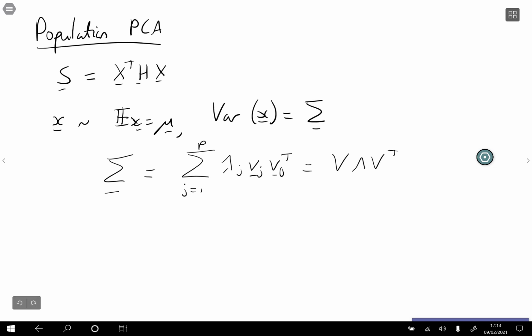To distinguish these quantities from the sample quantities we had before, I'm going to put a check mark above them all, so it matches what's in the notes. So these are the eigenvectors v j of the true covariance matrix sigma.